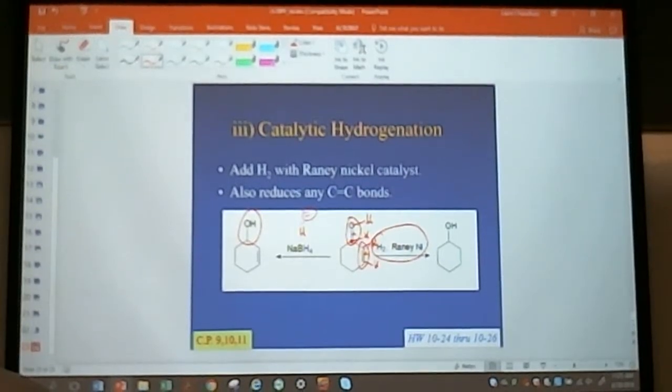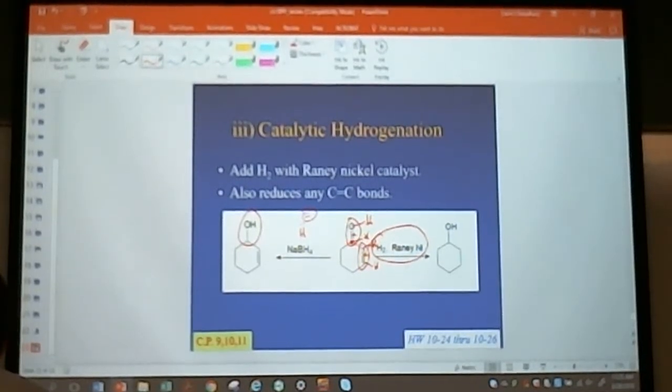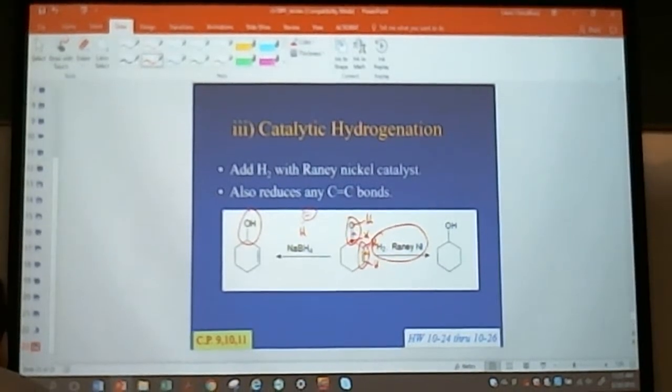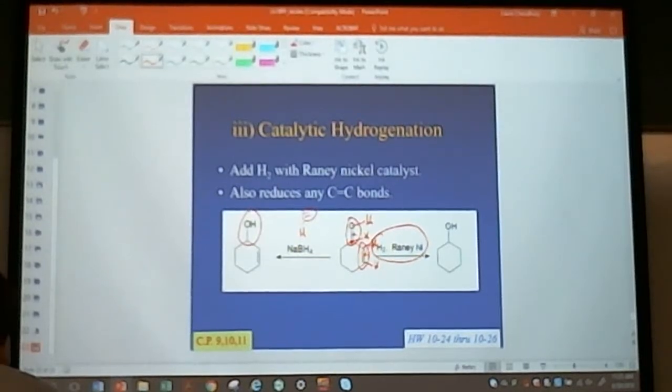Okay? So yes, both will have an effect on the carbonyl, but not both are going to have an effect on the carbon-carbon double bond. So depending on what you want as a product, you choose which reagent to use.